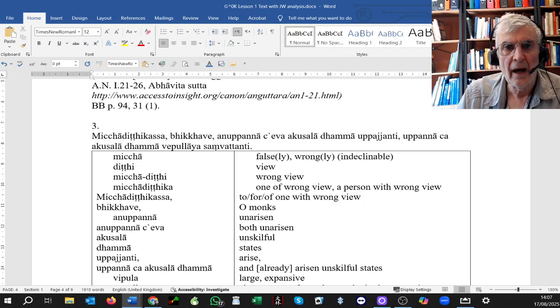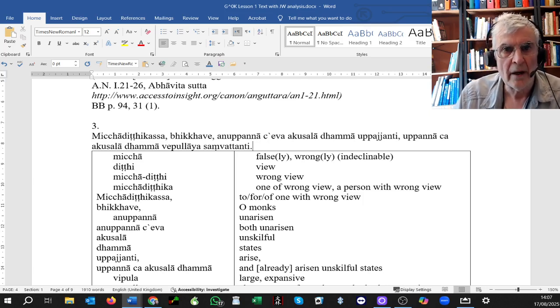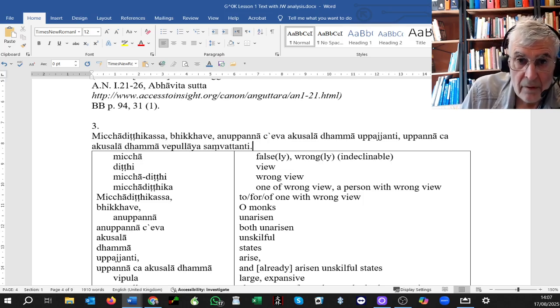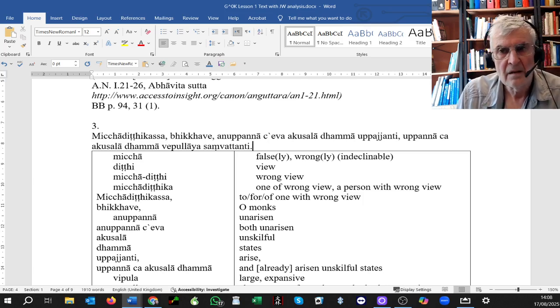So anuppanna, negated by the a, which becomes an before a vowel, just the same as it does in Greek and we do in English. Anaerobic, anorexic, the same an. So anuppanna cheva akusala dhamma, both unskillful states arise, uppanna ca akusala dhamma, and arisen, that is already arisen, unskillful states, samvattanti, proceed to, conduce to, vepullaya.